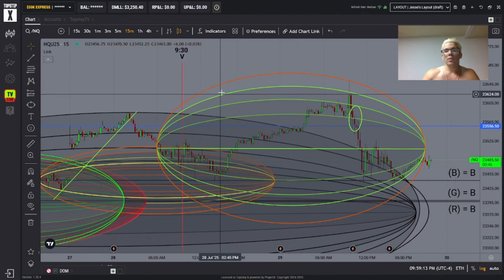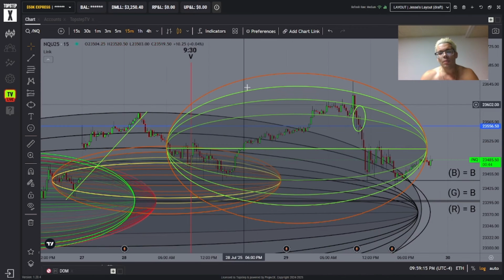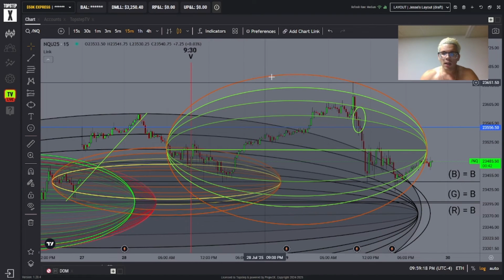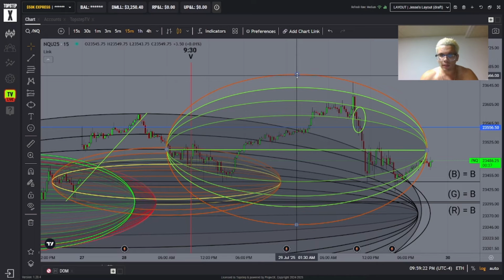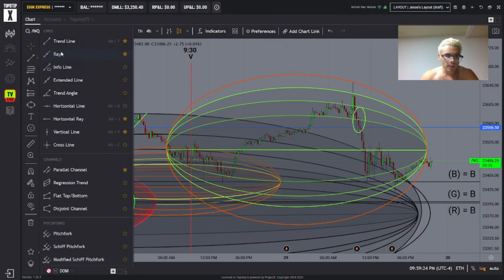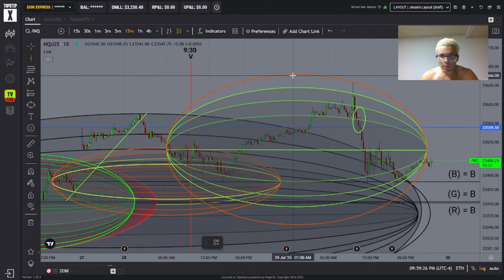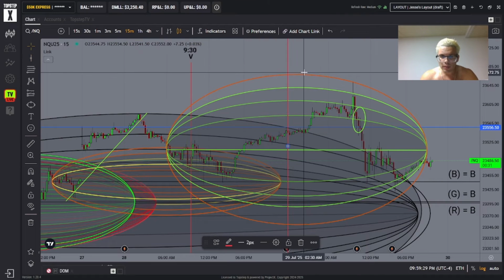Okay, so domes have a couple of key points that you need to understand. If you take this dome and click the middle right there, there are two midpoints to a dome. The midpoint on this dome is right here, at 130.